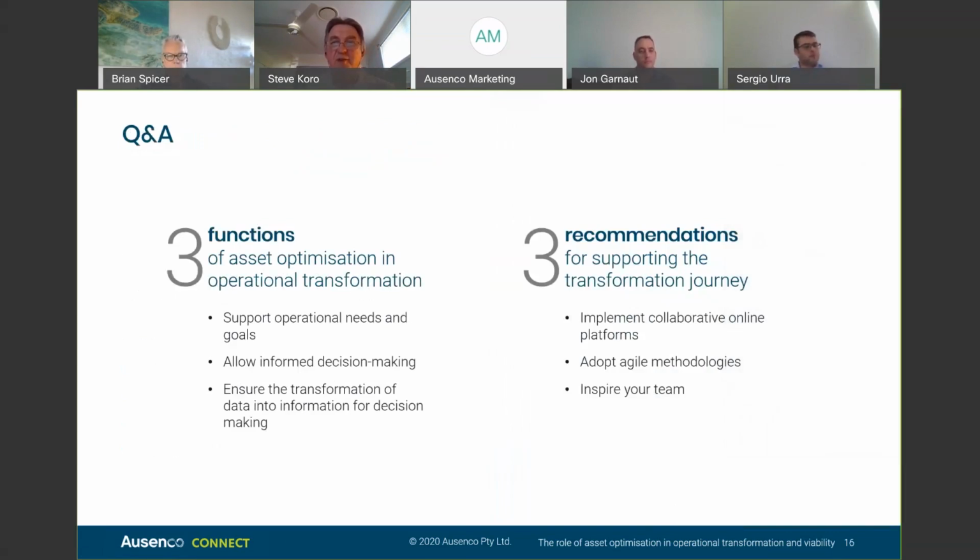The current predicament that all businesses face at the moment is due to this pandemic that's rocked the world in a big way, totally unprecedented in this modern age. So what we've done is present some ways in which asset optimization can be used in operational transformation, and then we've made some recommendations for supporting the transformation journey.